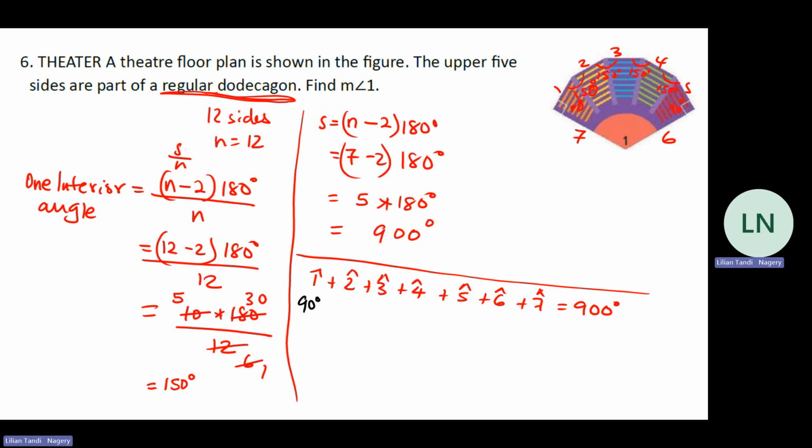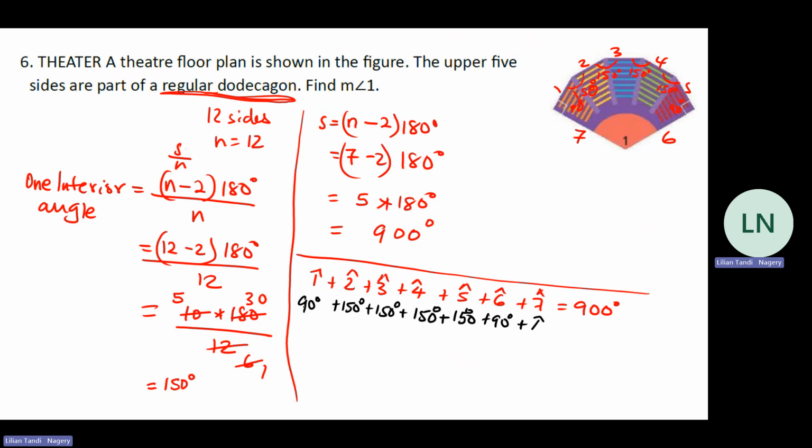And then we have 1, 2, 3, 4 angles of 150. 150, 150, 150, 150, 4 of them. Okay? Then angle 6 is over here, which is 90. And then angle 7 is angle 1.